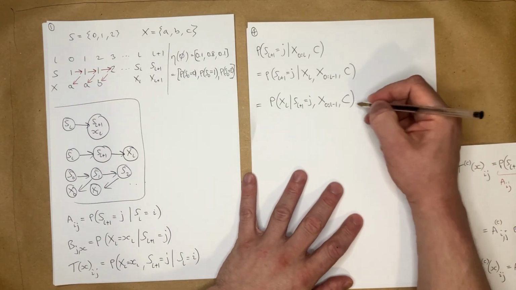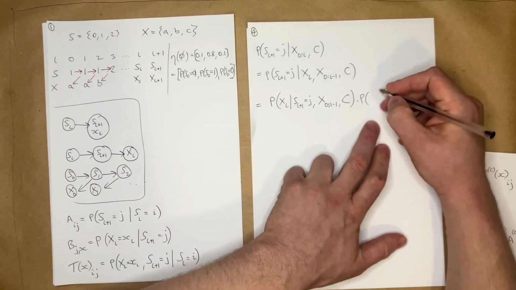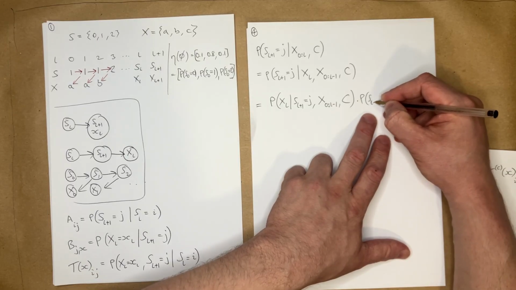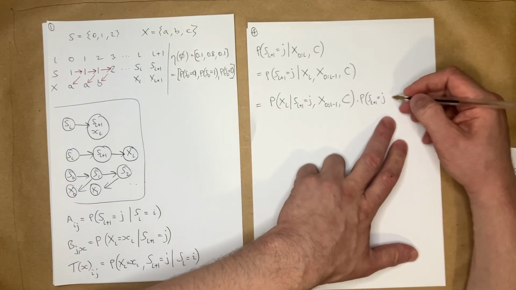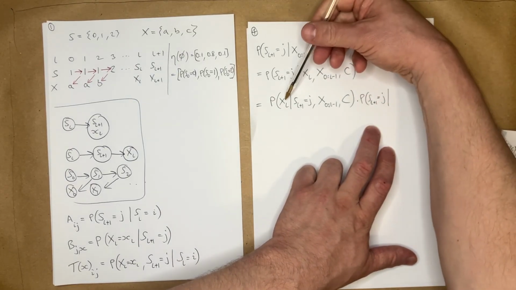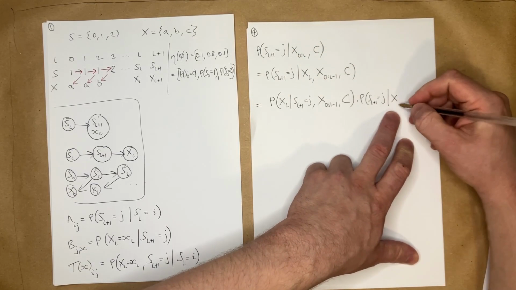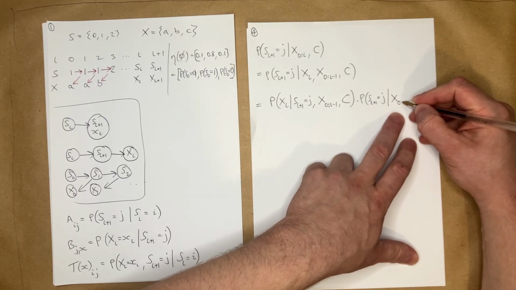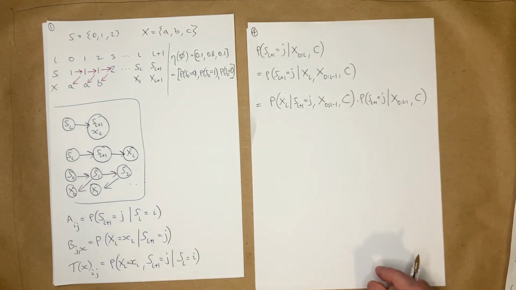Okay, so that is our likelihood, and then the prior is just the probability that the hidden state at step L plus 1 was equal to J, not conditioned on XL, but just conditioned on the tokens that precede step L, again as background information, and the choice of component.